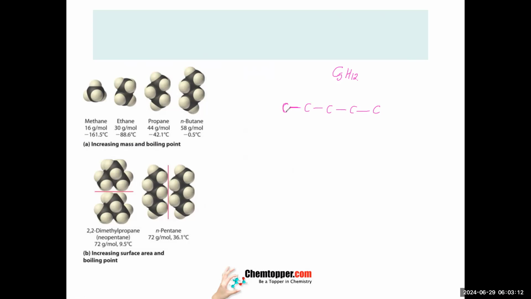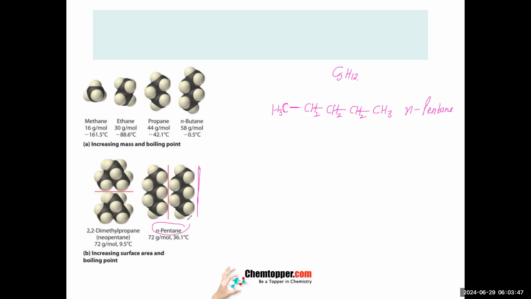So how many hydrogens on this carbon? 3. How many on this? 2. How many on this? This is called normal pentane. Don't worry about the names. Normal pentane. Straight chain. We say no branching. C, C, C connected in a straight chain like this.